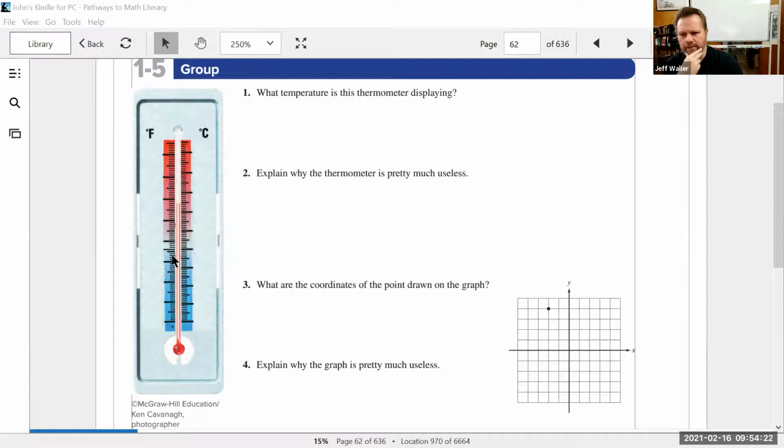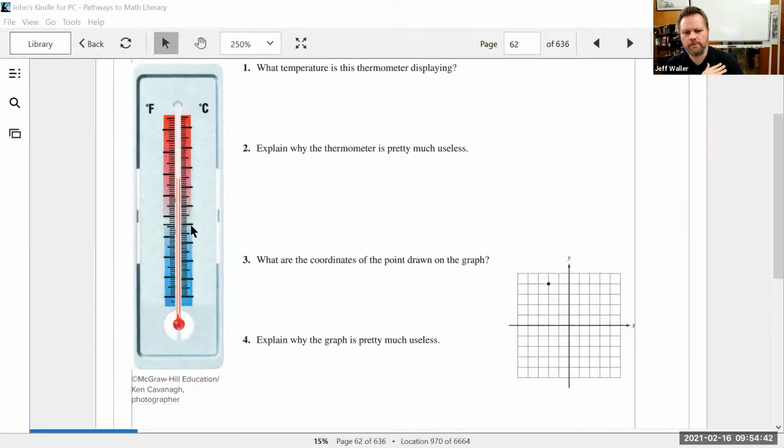I have no idea what the scale is here. And even the red and the blue are subjective, right? Maybe this is cool to me, or maybe this is warm to me. So what temperature is it? Lukewarm? No good. I need some scale here so I know how to read that. So that's pretty much what they're trying to get to there.